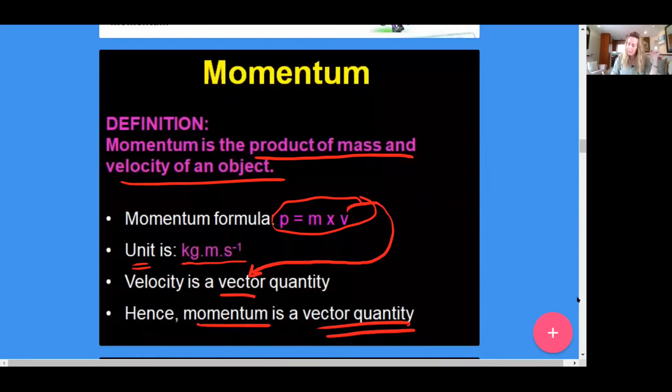That means it needs both magnitude and direction to be stated when you actually calculate the answer for momentum. That means that you can get positive momenta and negative momenta values for an object. You always have to change a negative answer to a positive answer, stating the opposite direction with that positive answer.